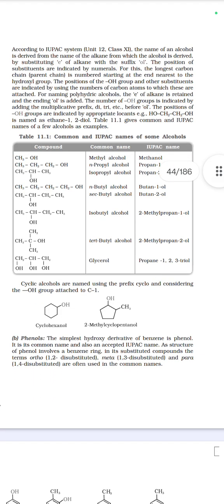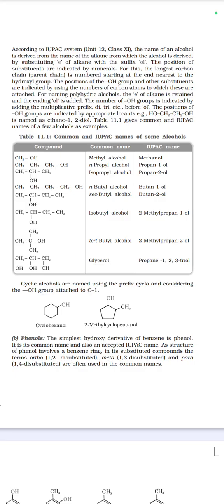By substituting the e of alkane with the suffix "ol", the positions of substituents are indicated by numerals. For this, the longest carbon chain, the parent chain, is numbered starting at the end nearest to the hydroxyl group. The positions of the OH group and other substituents are indicated by using the numbers of the carbon atoms to which these are attached.